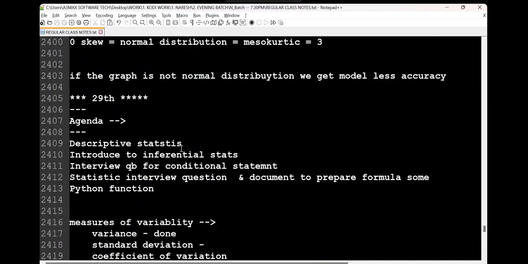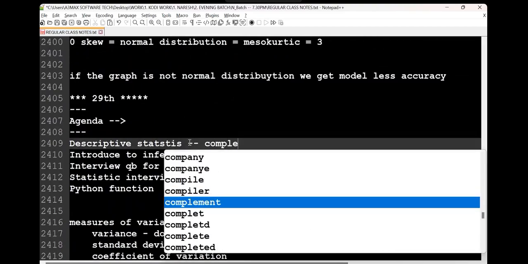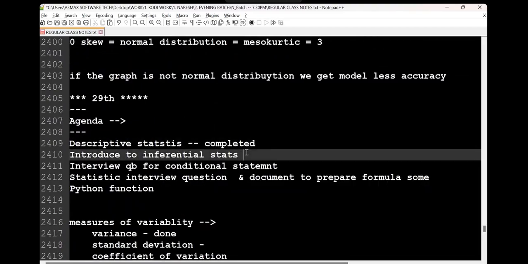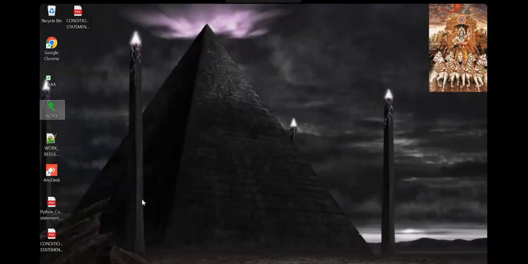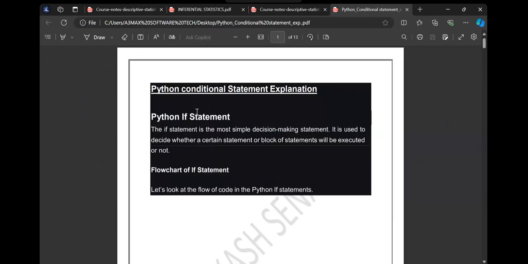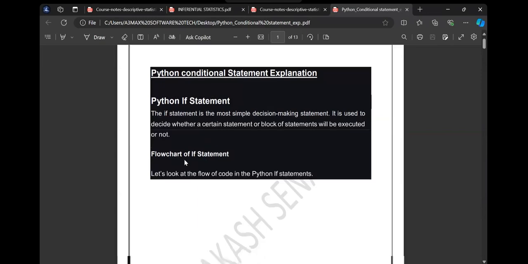Okay, where is that? It's completed and we are done with this. Okay. Interview questions for conditional statements. Python conditional statements you learned, I already explained.